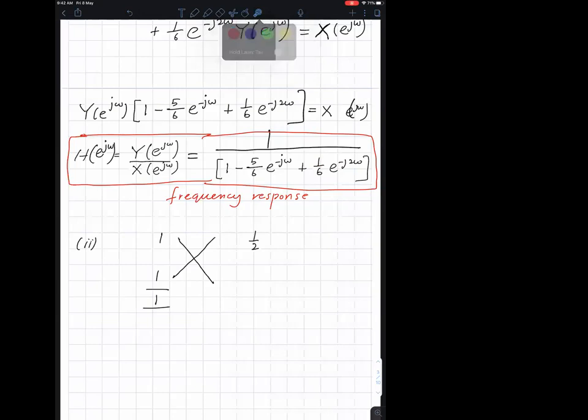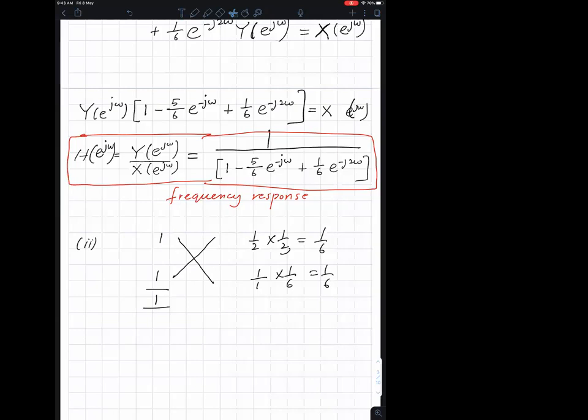First, we look at this part here. What times what will give you 1 over 6? It can be 1 times 1 over 2 also gives you... no, 1 over 6, or 1 multiplied by 1 over 6 also gives you 1 over 6. But which one do we choose?